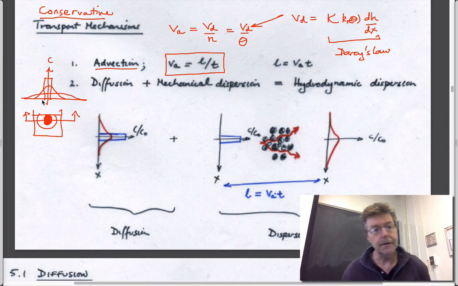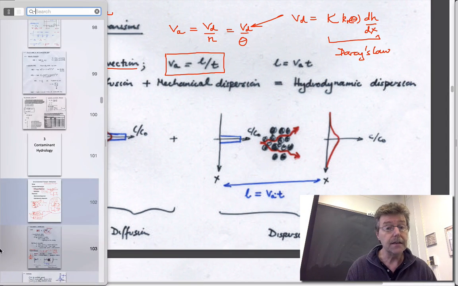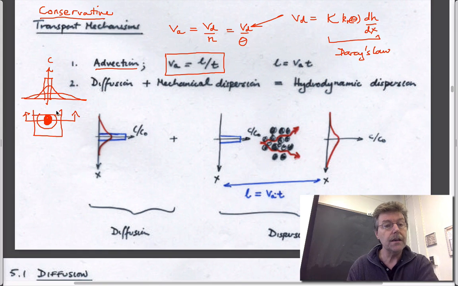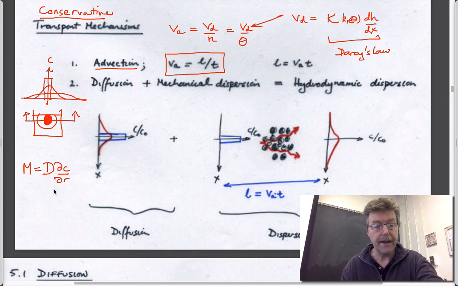And so it's basically a behavior where you can think of it as being driven by something you know. You know that mass flux, according to Fick's law, is given by a diffusion coefficient multiplied by a change in concentration with length. I guess it's called x.